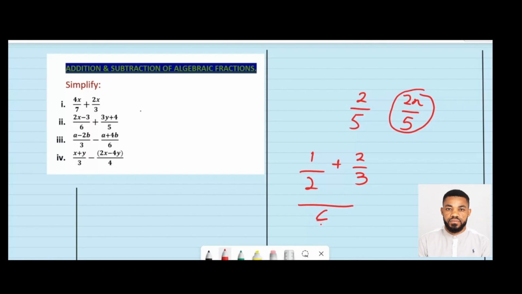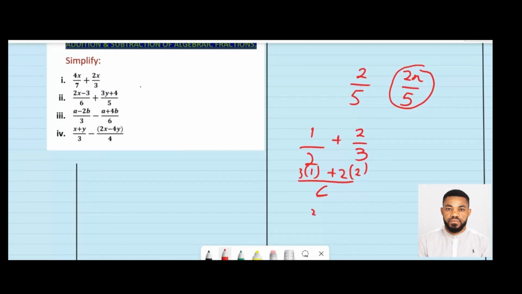We just multiply the denominators to get the LCM, that is 6. Then 2 goes into 6 3 times, so we multiply the 3 by the numerator, which is 1. Then plus, 3 goes into 6 2 times, so we multiply 2 by the numerator, which is 2 also. So we're going to get 3 plus 4 all over 6, and that's going to give us 7 over 6. So that is how we add numerical fractions.